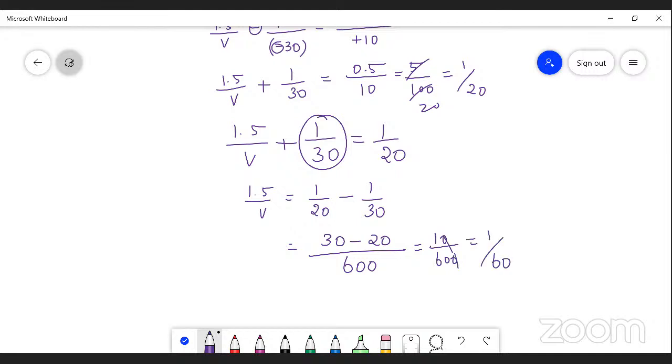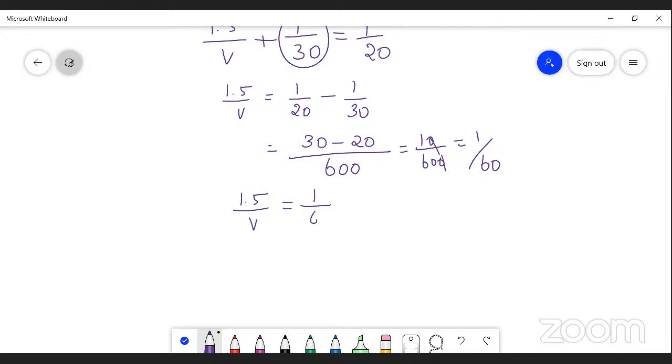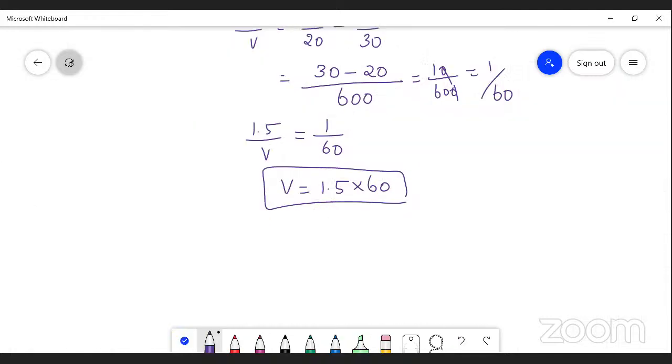So 1.5 by V is equal to 1 divided by 60. So V is equal to 1.5 into 60, which is equal to 90. So V is equal to 90 centimeter.